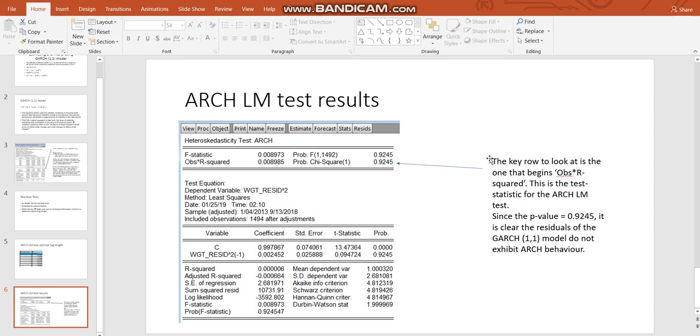That being said, what we can do next is look at something called asymmetric GARCH models. There are 2 in particular that I'm going to be discussing. I'm going to be discussing the EGARCH 1-1 model, and I'm also going to be discussing the GJR GARCH model. Normally when you estimate those kinds of asymmetric GARCH models, it's good to justify estimating them by conducting a test called the Engle and Ng test.